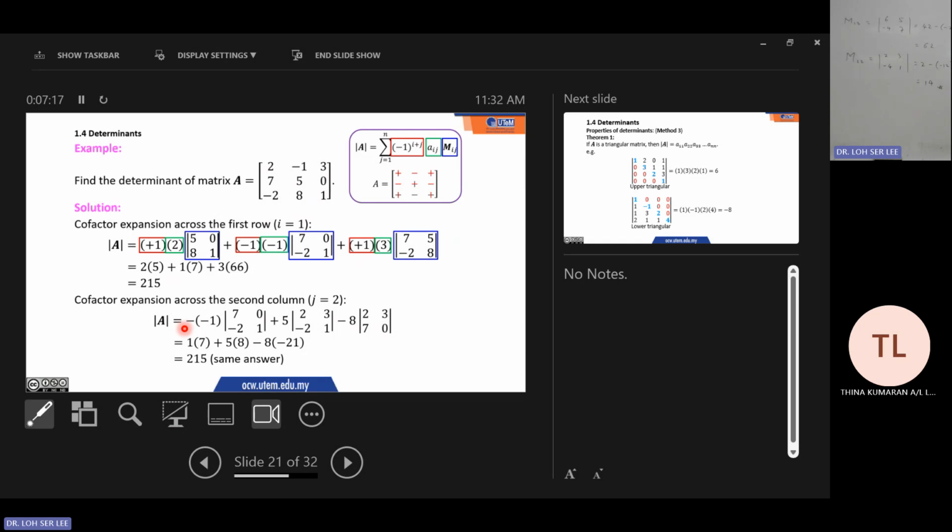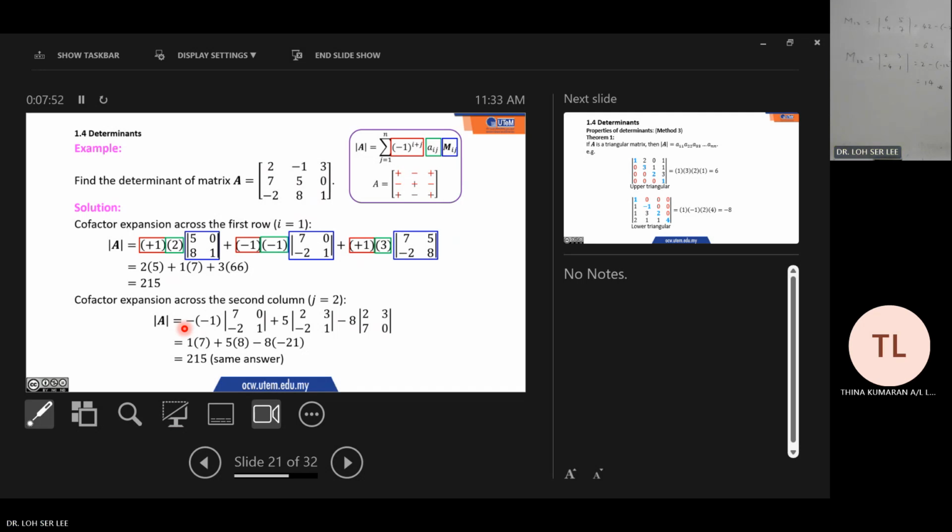But if you want to have an easier computation, which row or which column would you tend to choose? Row number 1. Any other choice? Row number 2. Which one would you choose? If you are asked to compute the determinant of this matrix by using cofactor expansion, which row or which column would you choose?